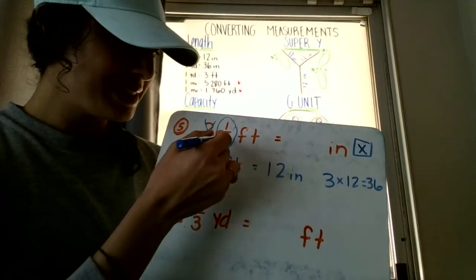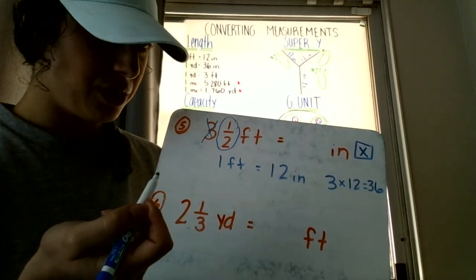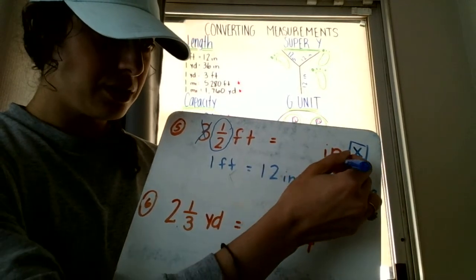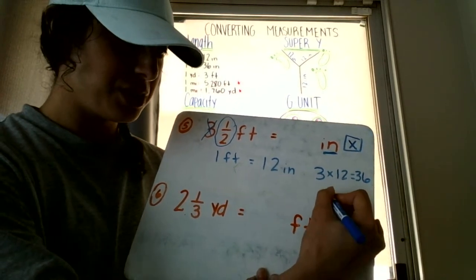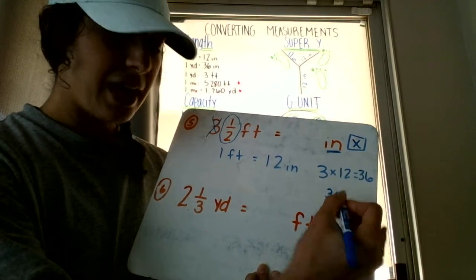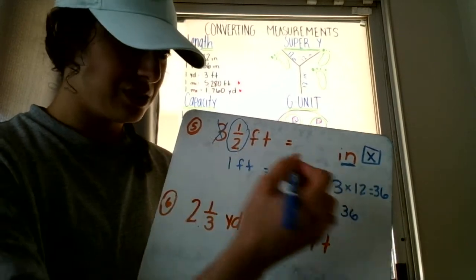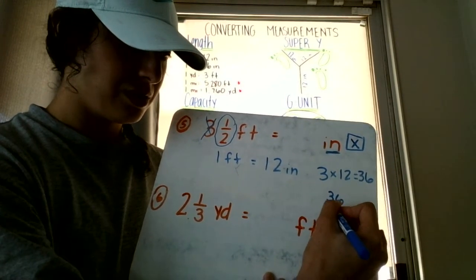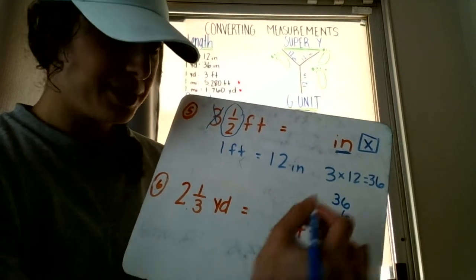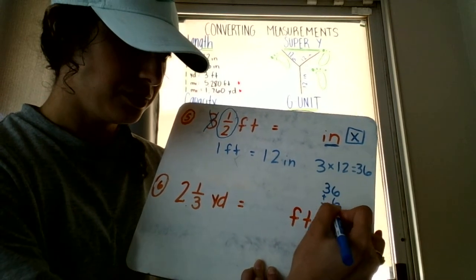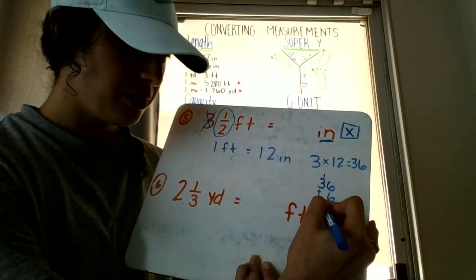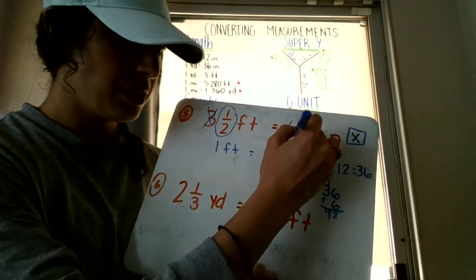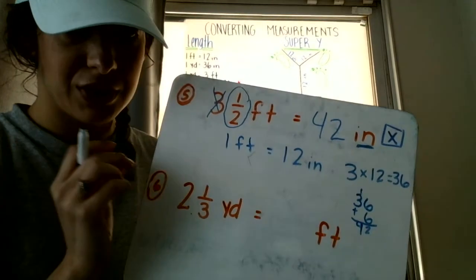So that leaves me 6 inches to work with. I need to say my amount in inches. So what do you think I do with this 36 and those 6 inches? You just add them together. So 36 plus 6 is 42. So your answer is 42 inches.